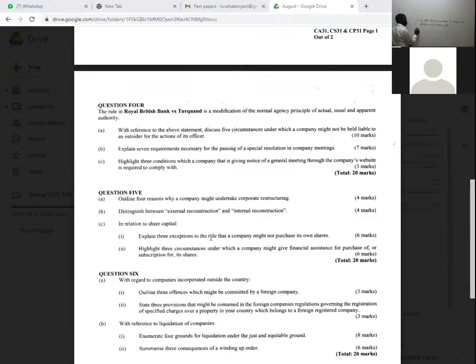The number 2, the notice should clearly indicate the date, time, place and agenda of the general meeting.